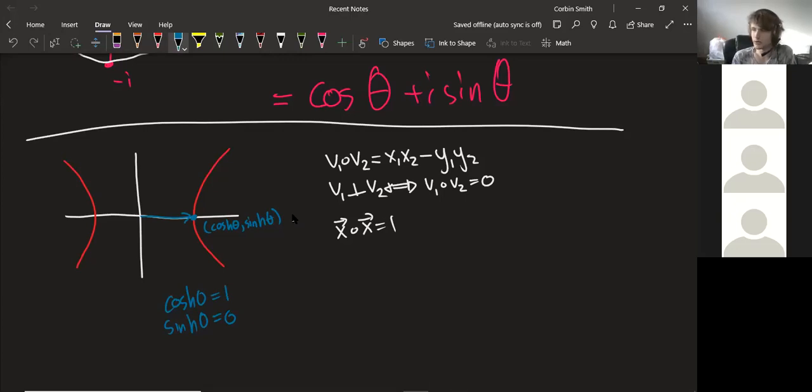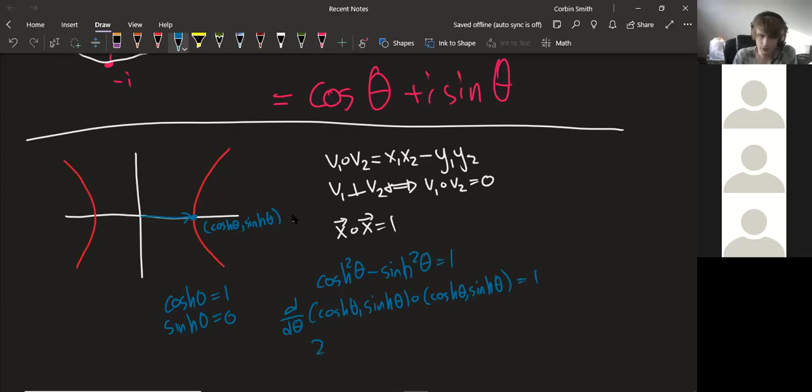And if they're going to parameterize the unit circle, then they have to satisfy this identity: cosh theta squared minus sinh theta squared is equal to 1. We can factor this as (cosh theta, sinh theta) Lorentz dotted with itself, equal to 1. And so what we're going to do is take the derivative of this with respect to theta.